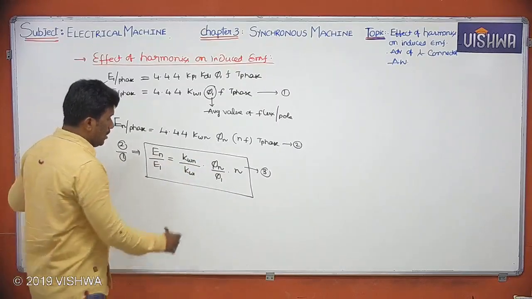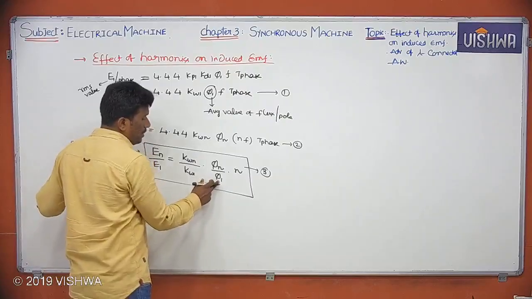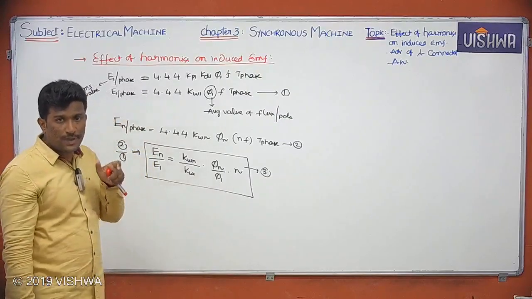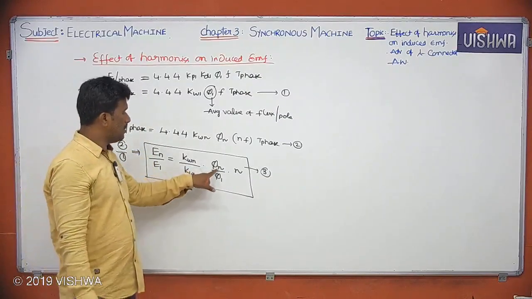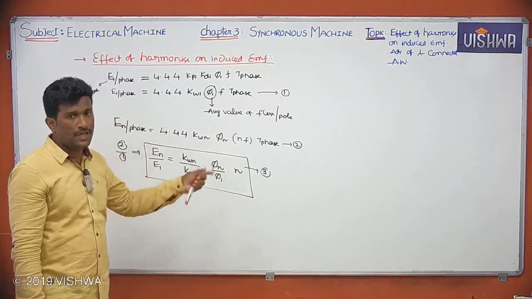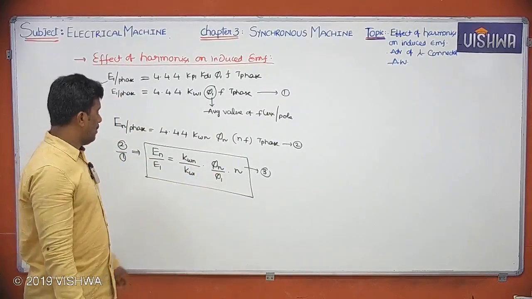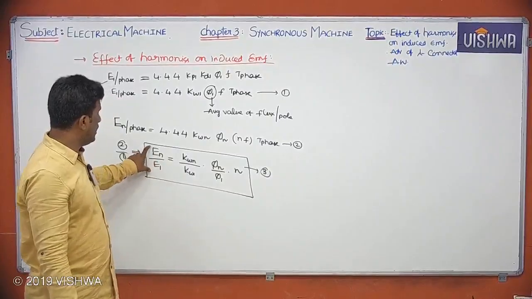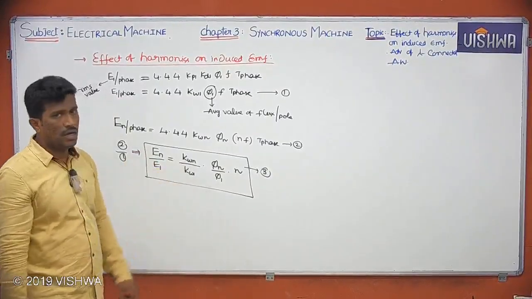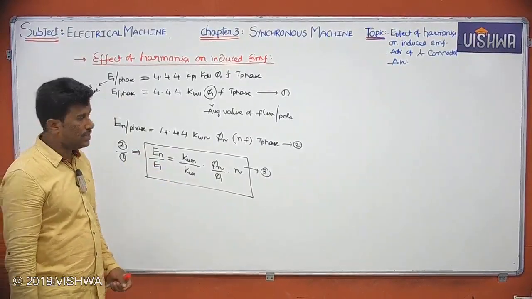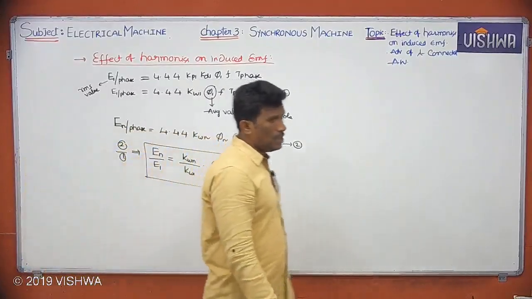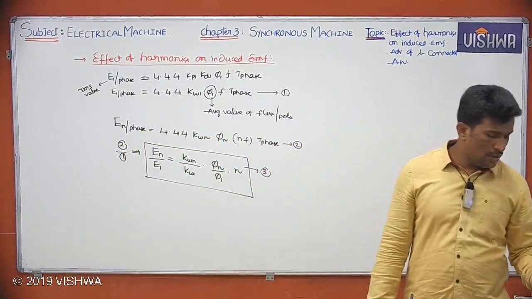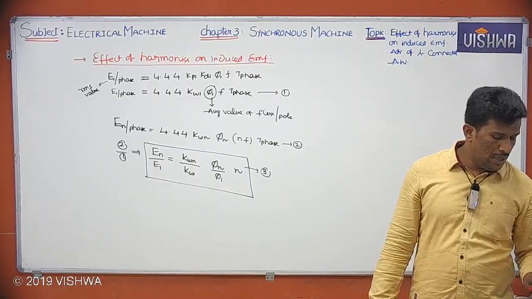What is the nomenclature for this phi 1? Average value of flux per pole. Phi n is the same, the average value of flux per pole but corresponding to the nth harmonic. Now if I want the En by E1 value in terms of B, the maximum flux density, how can you get that?